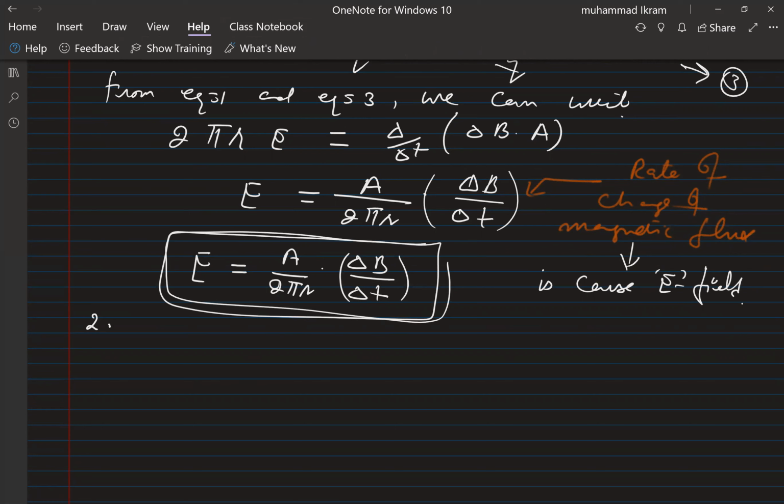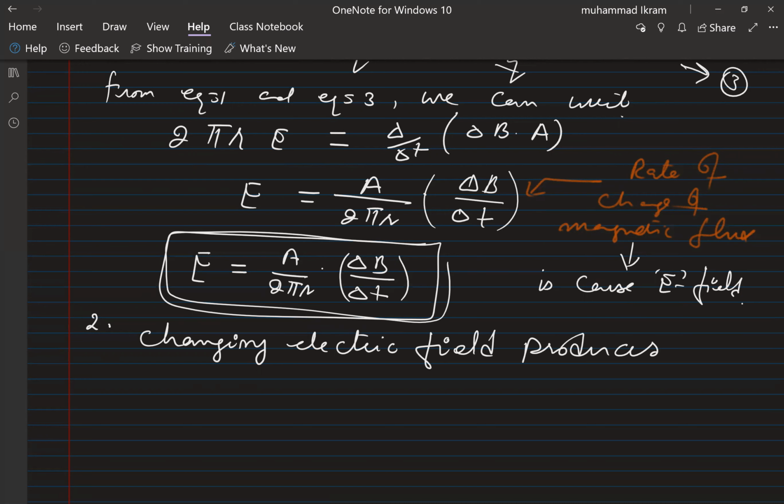The second point, point 2, contrary to this: the changing electric field produces a magnetic field in the nearby region.